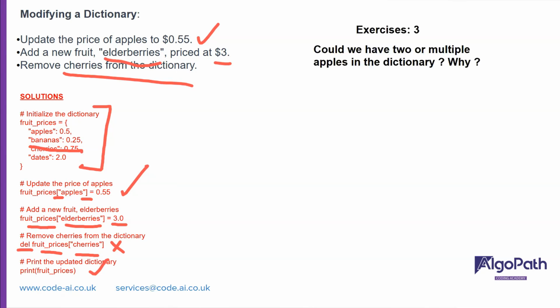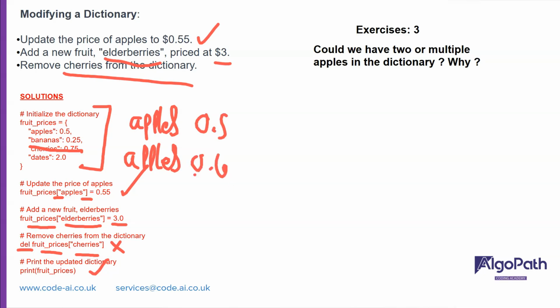Now, could we have 2 or more apples in the dictionary? Maybe as we've been going through these slides, you've thought to yourself, okay, maybe I've got different types of apples and I want to have 2 different apples in there. So let's say I have 1 apple here and I have another apple here for 0.6. Can I do that? Why would I want to do that?